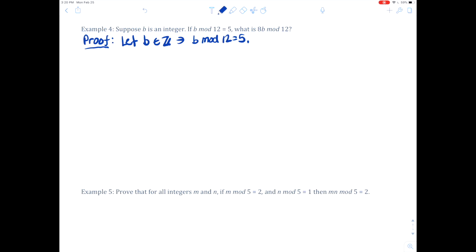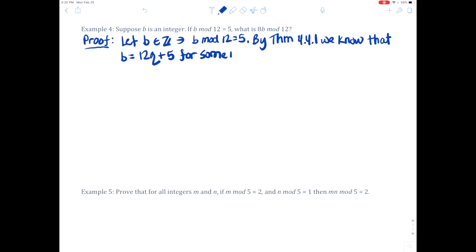Now, by theorem 4.4.1, we know that b has to equal 12q plus 5 for some integer q. Cool so far?